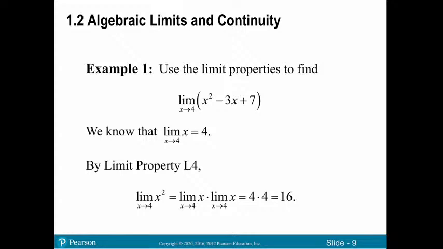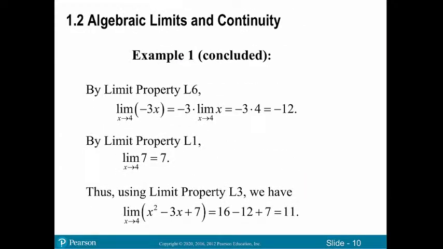Moving forward, by limit property 6, the limit as x approaches 4 of -3 times x is the constant times the function. So that -3 we can pull in front, and you see it here. You get -12. I think we got that one as well. And then by limit property 1, the limit of a constant is the constant. So when you put all those together, you get the same result that we got. Okay, hopefully that was okay. Let's try another one.